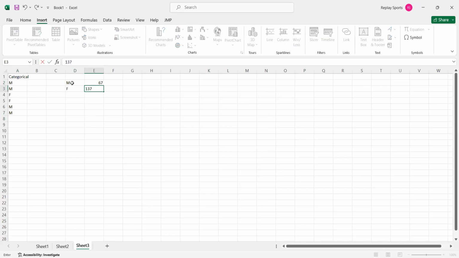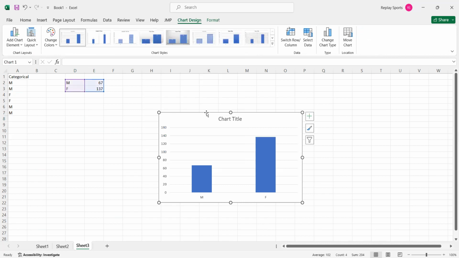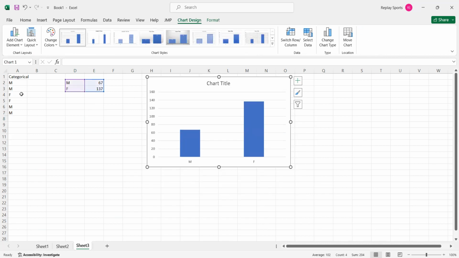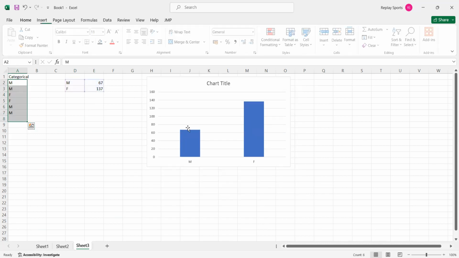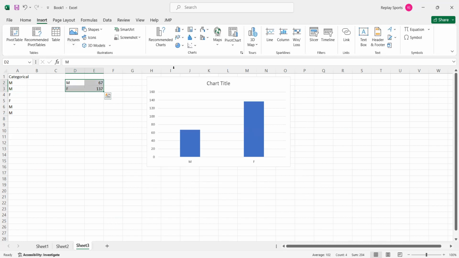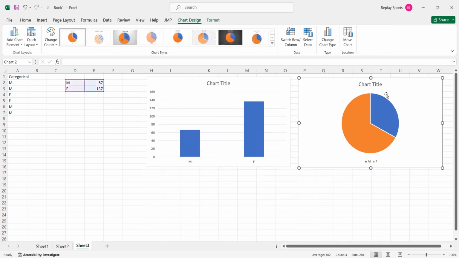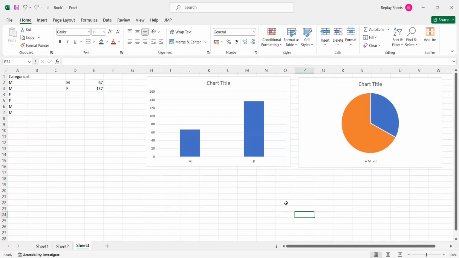So we have 67 male and 137 female in the group. Then you create a bar graph. This bar graph is enough to handle one categorical value. So this gives you percentage, or you can create a pie chart, in terms of percentages.